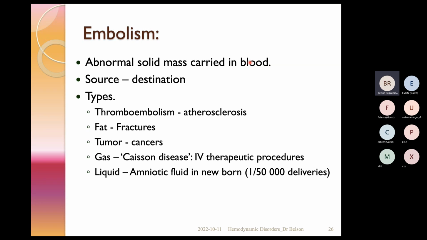There is a fat embolism. So fat embolism bikunda kugaragara ku bantu bagize fracture of the long bones, nk'abantu bagize fracture of the femur. So because these long bones, they have much bone marrow, and the bone marrow is composed mainly of fat and some hematopoietic cells.